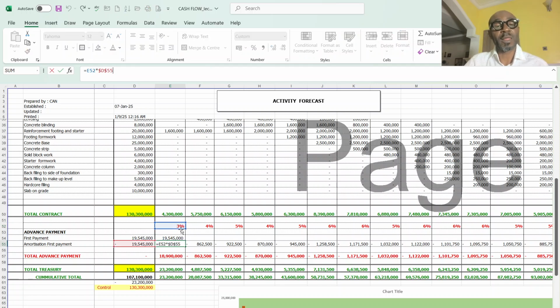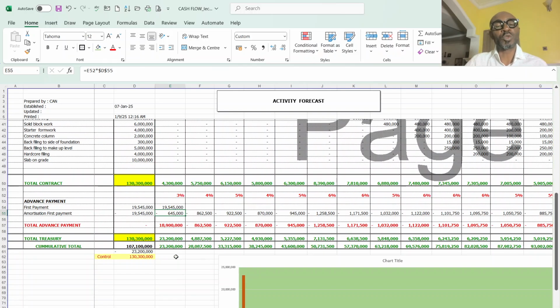I multiplied the 19 million by the 3%, which is the percentage of production I have done on site, to give me 645,000, which they will deduct from this amount to give me what I will be getting as net. And that is how it graduates.